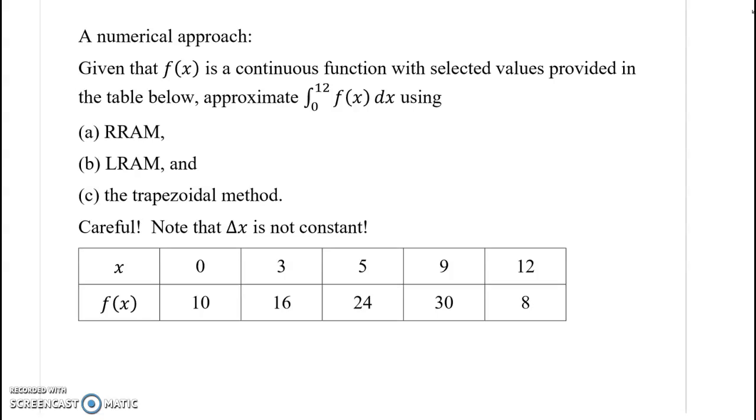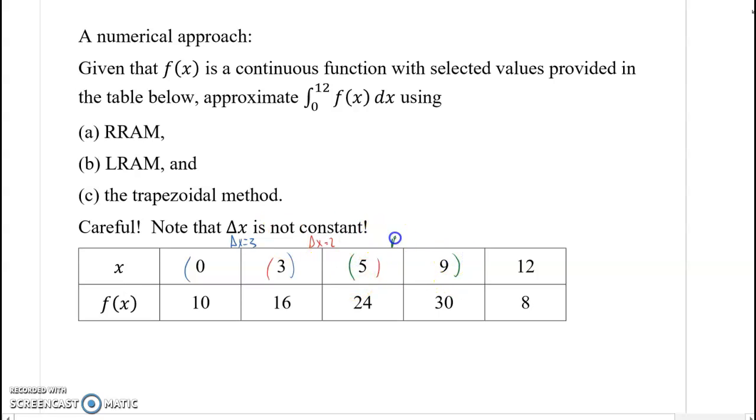So with RRAM, our first subinterval is going to be 0 to 3. The delta x value is going to be 3. Then our next interval is going to go from 3 to 5. So my delta x value is not the same anymore. It's going to equal 2. And then our next interval is going to go from 5 to 9.